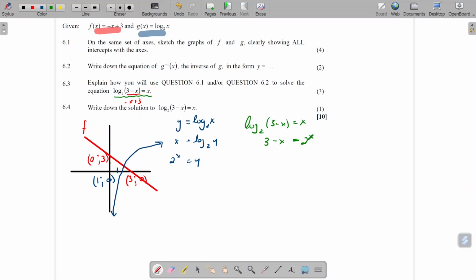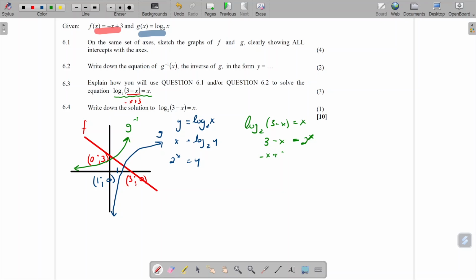Now here is my graph of 2 to the x. It is the inverse, so this is g to the minus 1. We've got g over here already. And we can see that this is actually the same as saying minus x plus 3 equals 2 to the x.